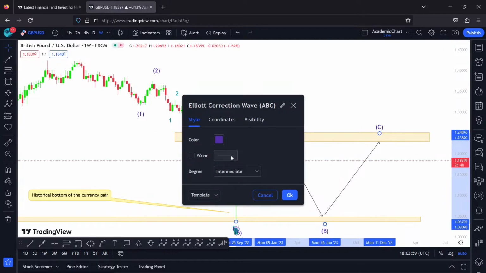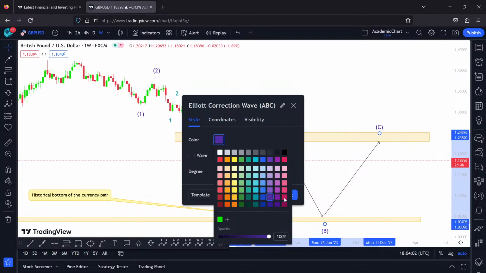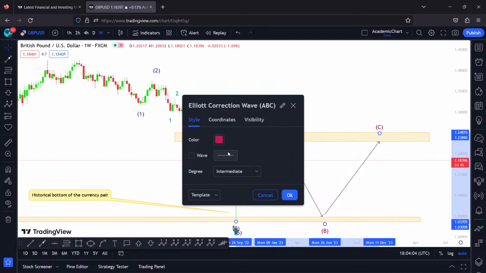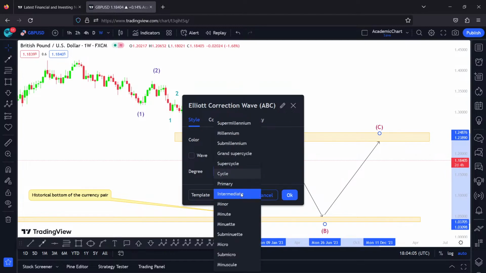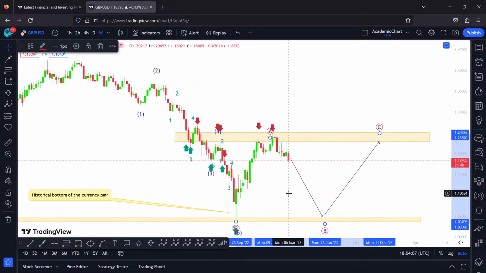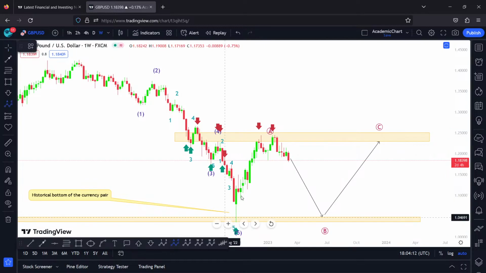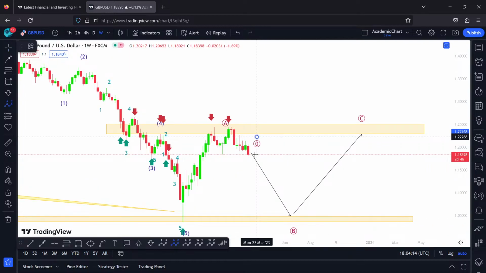If I want to, I can change the color to something more reddish, and it is going to be the primary. I just want to clarify that previous ABC. Let me grab the correct tool.